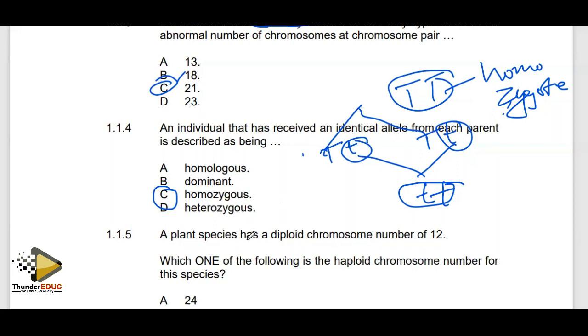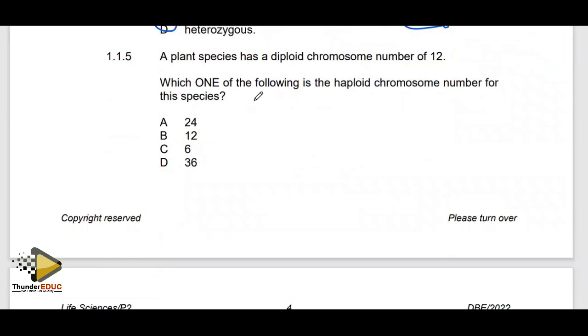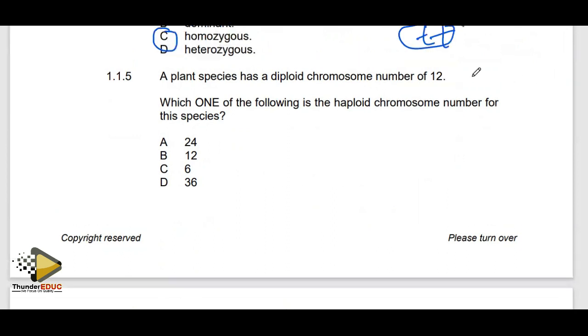Then the next question: a plant species has a diploid chromosome number of 12. Which of the following is the haploid chromosome number for this species? Diploid, di means 2.